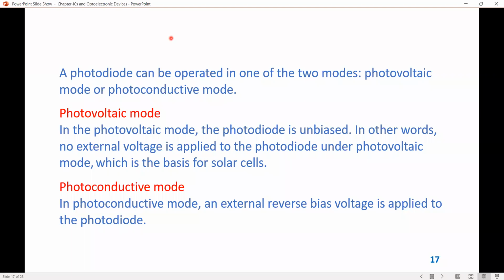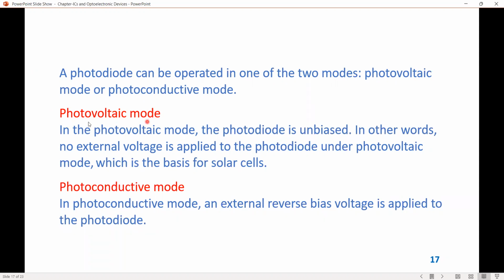Okay. So a photodiode can be operated in one of two modes: photovoltaic mode or photoconductive mode. What is photovoltaic mode? In the photovoltaic mode, the photodiode is unbiased.